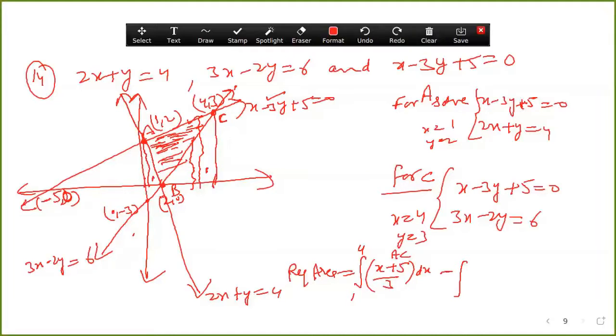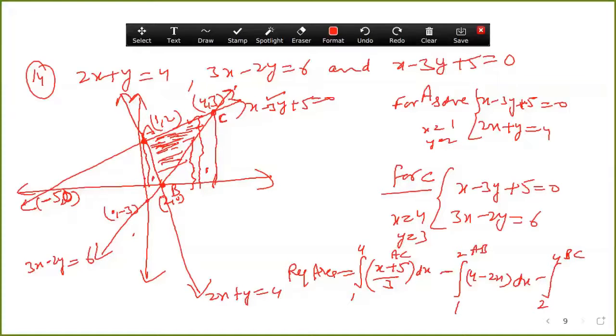Let's write down, from AB, subtract the area from 1 to 2, y dx, from AB y is equal to 4 minus 2x dx, minus the area from BC. BC is from 2 to 4.